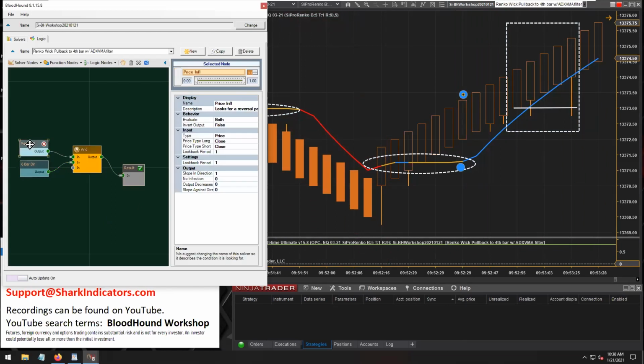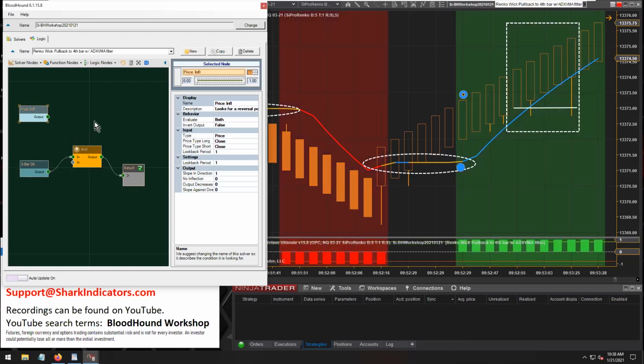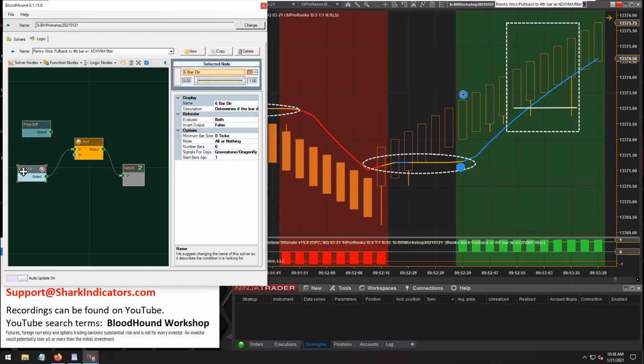And let's see here. Actually, you know what? I don't think this price inflection is really necessary. I built it just in case, but as we can see, this bar direction solver is really making sure that there's a minimum number of bars, and it does include this reversal bar all unto itself. So really this is probably unnecessary.